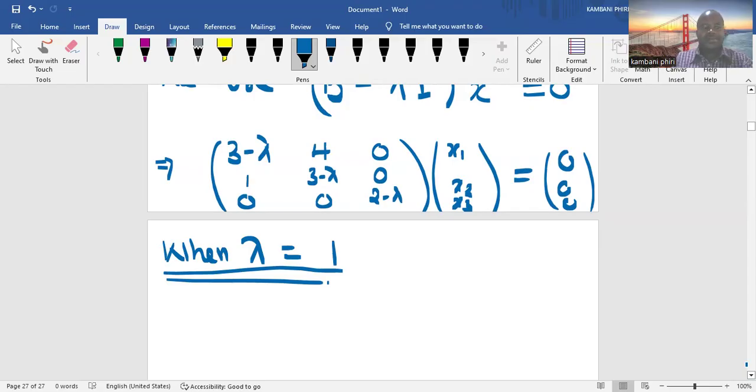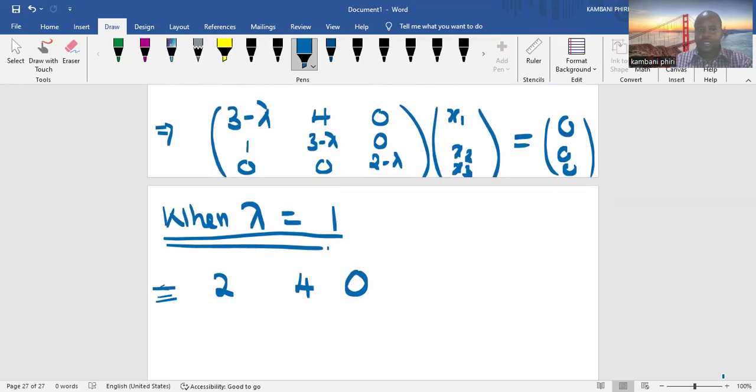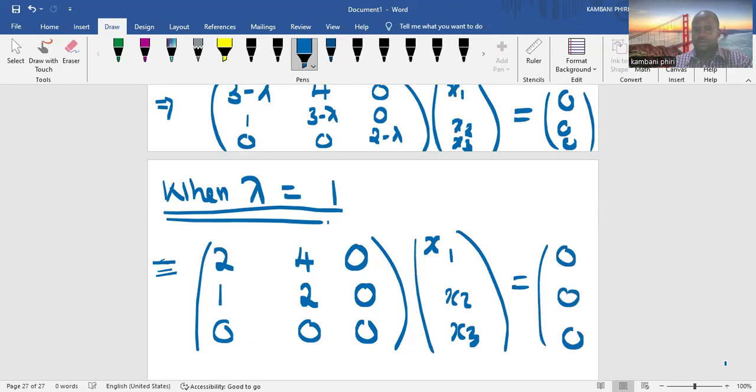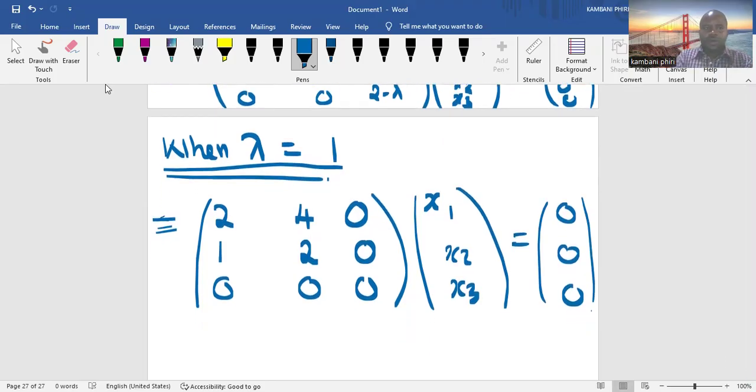This implies that we say 3 minus 1, we have 2, 1, 0, 4, 2, 0, 0, 0, 1, times x1, x2, x3, equal to 0, 0, 0.